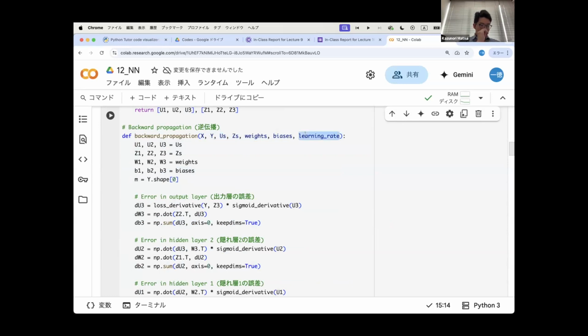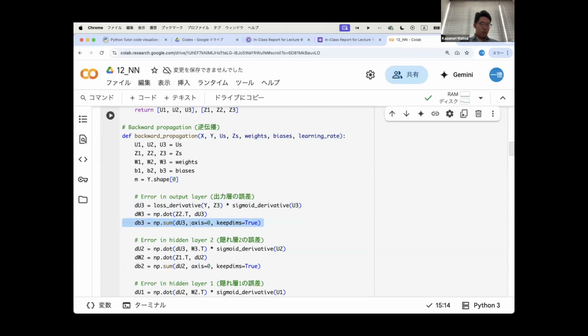We are doing the calculation part for delta for the output layer that we did before. We calculate delta; du1, du2, du3 correspond to that. And then we calculate dW3, which is the partial derivative with respect to W3, and dB3, which is the partial derivative with respect to B3.